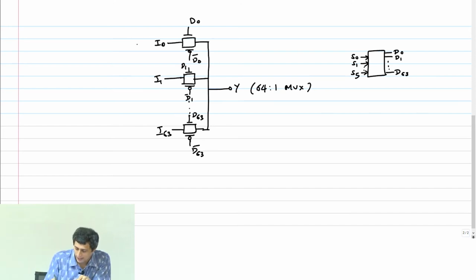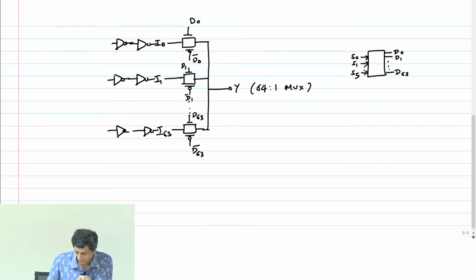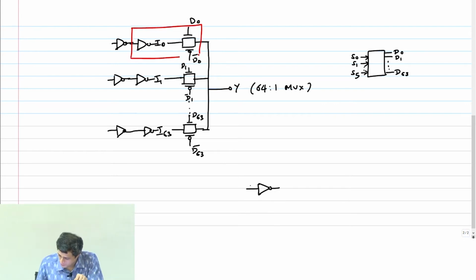For example, if I have an inverter here, or a buffer or whatever, if you don't want inversions, then put a buffer, no problem. Then I can now answer that question, because if I look at this part of the circuit, it is going to be an inverter followed by a transmission gate.